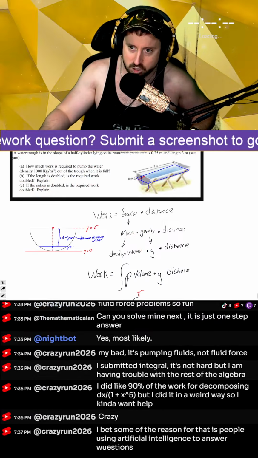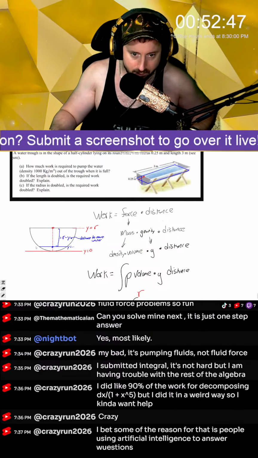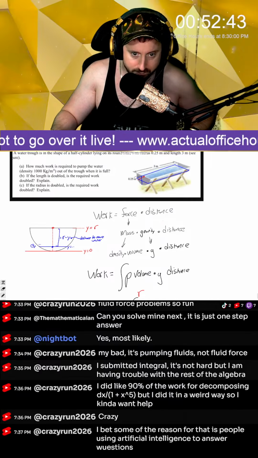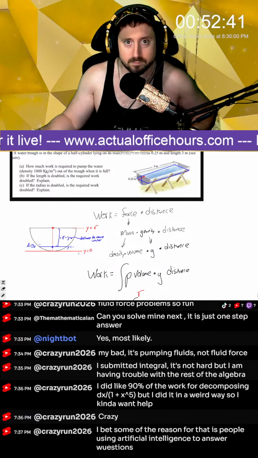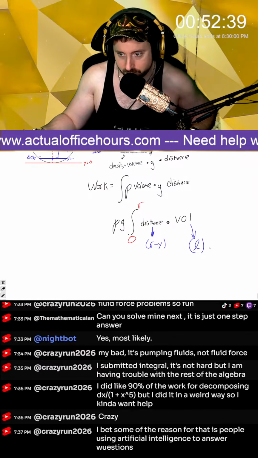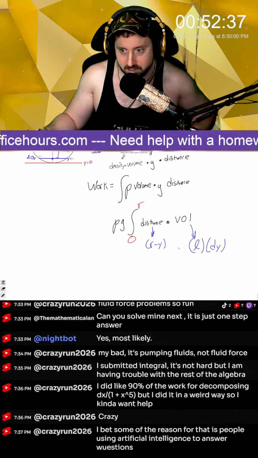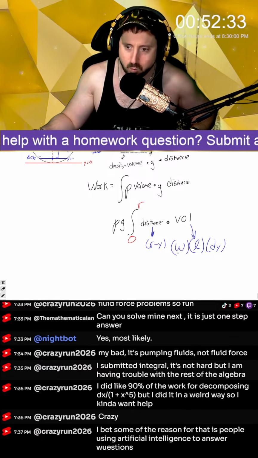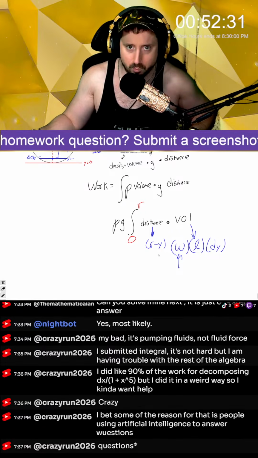The thickness of that sheet of water is going to be dy, so this minuscule difference here is equal to dy. And then now I need the width. And I think I want the width in terms of y.